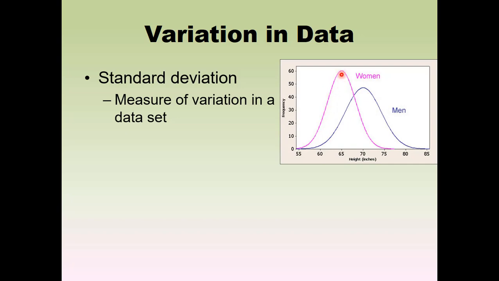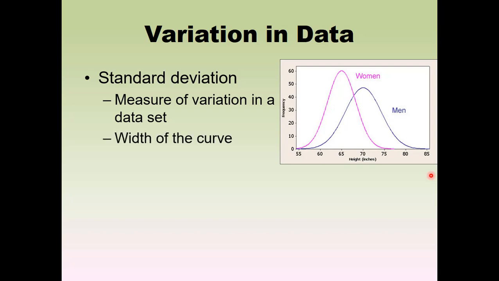And we'll see that females typically have less variation in height than males. Therefore, males would have a greater standard deviation in terms of their height. Females would have a lower degree of standard deviation in height.